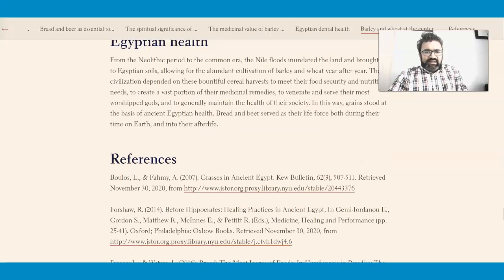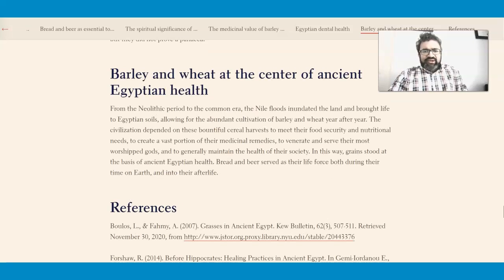Of course, this is at the center of health. This is at the center of the afterlife, and has influenced how we view agriculture, and most importantly, today, how we drink beer.